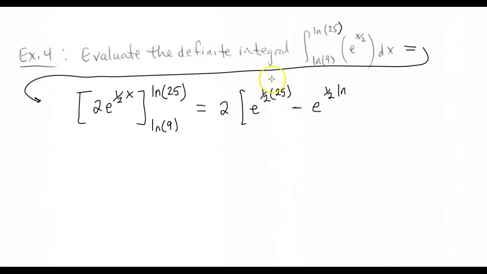Oh, so that's natural log, sorry. Forgot about that. So let me rewrite that over again. So this will be e raised to the 1/2 times natural log of 25 minus e raised to the 1/2 natural log of 9.